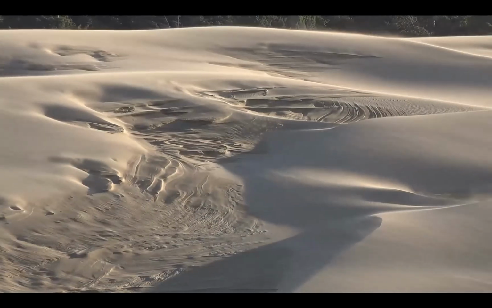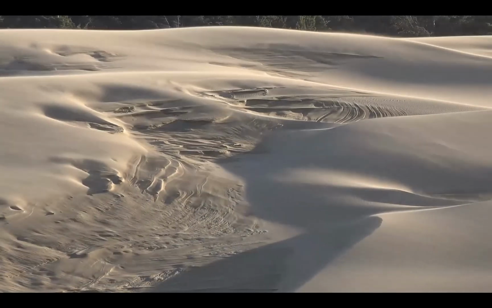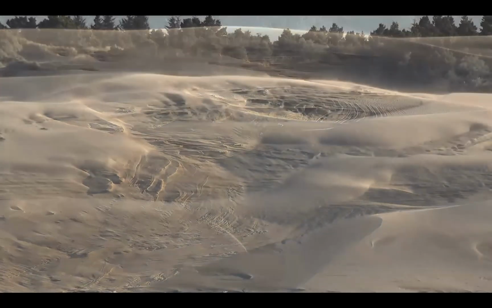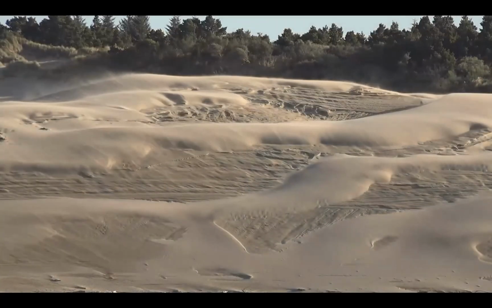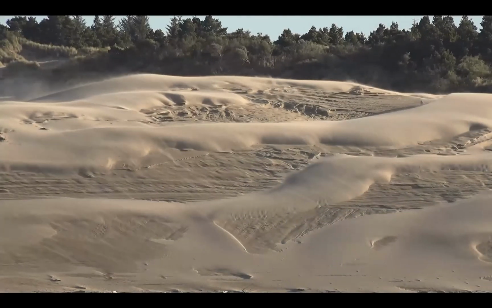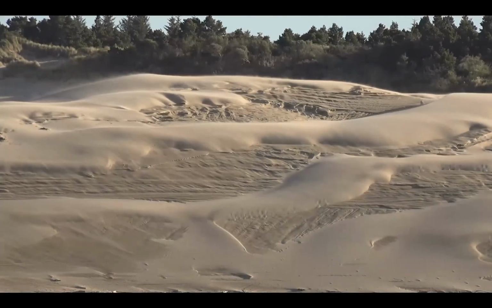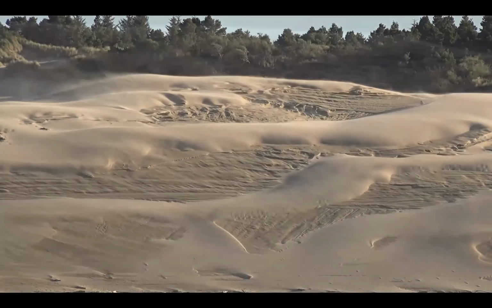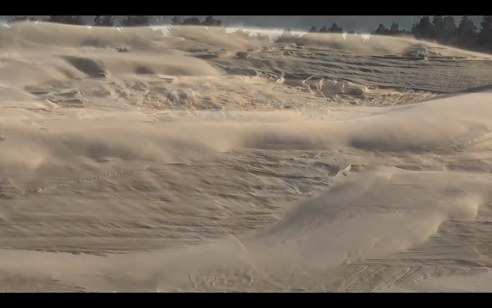Also, these sand dunes are important habitats. So lots of animals like rodents, snakes, lizards, they all can burrow in the sand dunes, and they actually call it sand swimming when they're burrowing through those sand dunes. And then sand dunes can actually change. So smaller dunes reshape and move faster than the larger ones.